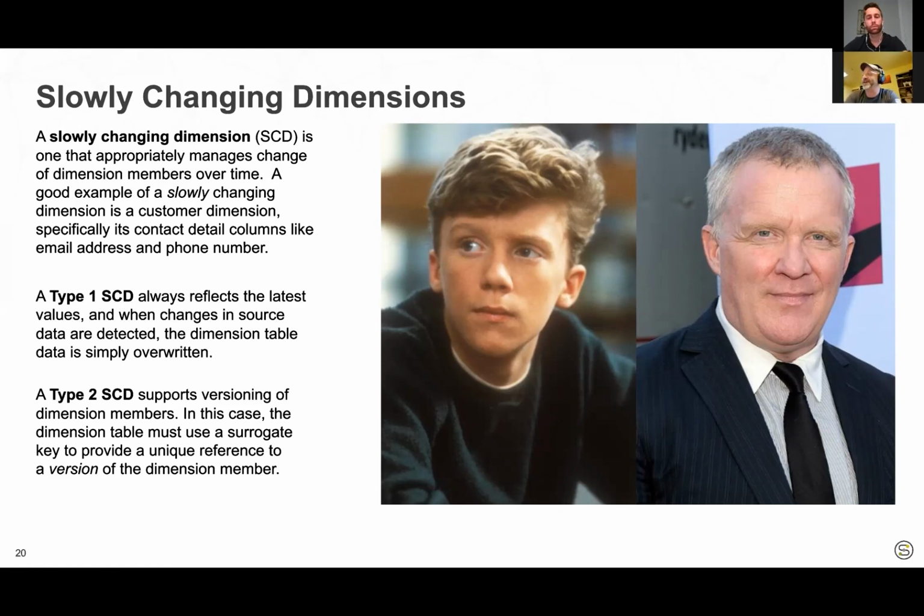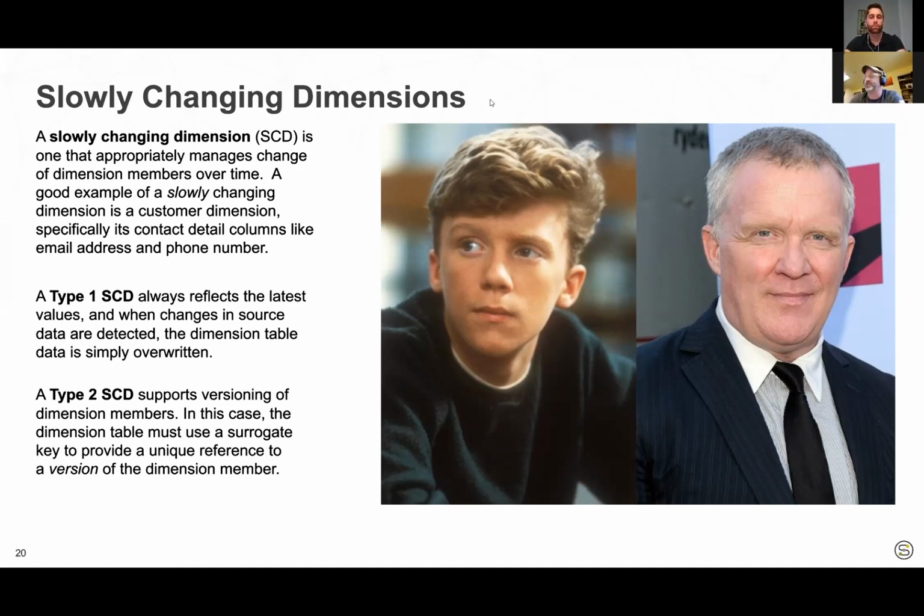But I thought this was a hopefully fun representation of what slowly changing dimensions look like, right? So we've got Anthony Michael Hall as a teenager, and we've got him now. Same guy, just different versions of himself, right?